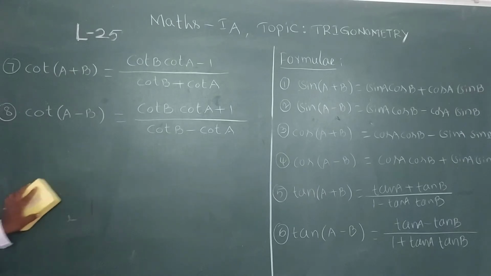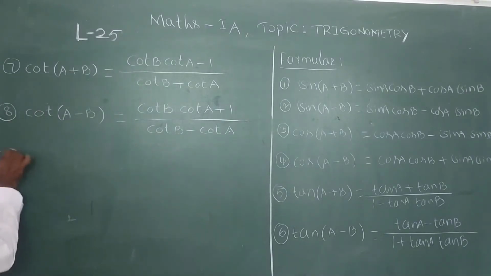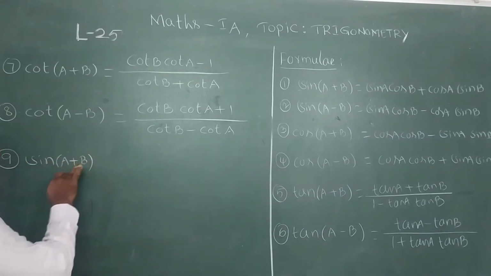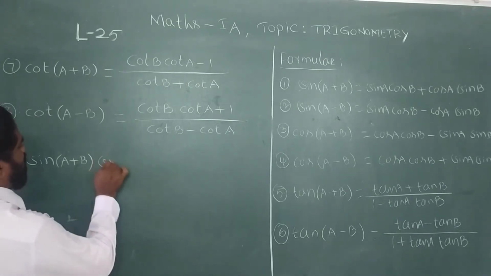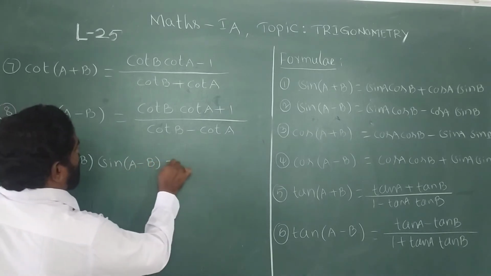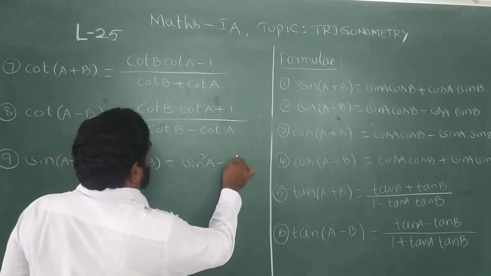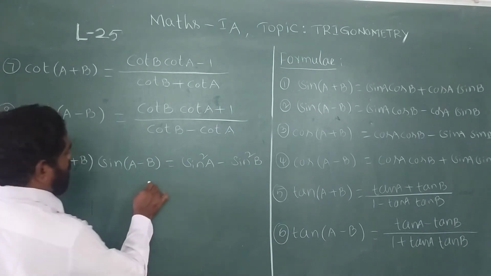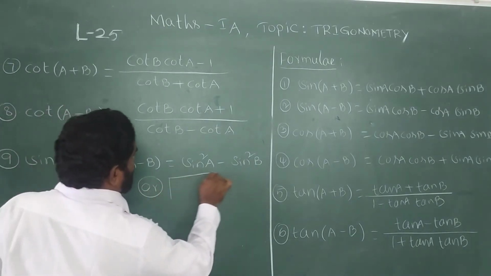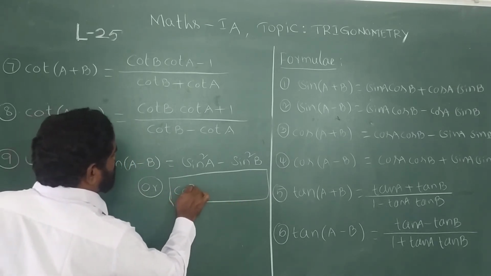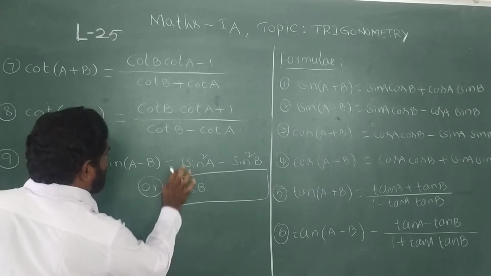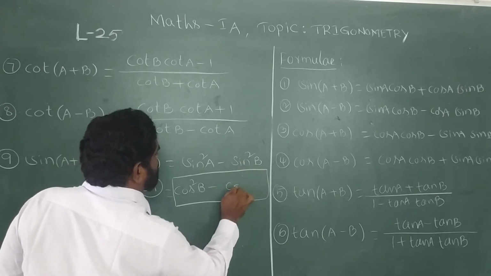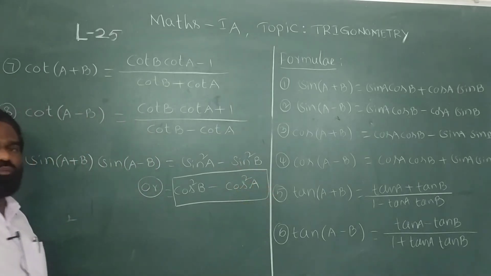We have one more formula like this: sin of A plus B into sin of A minus B equal to sin square A minus sin square B. Listen, one thing, otherwise it can be taken as cos square B minus cos square A in terms of cos.